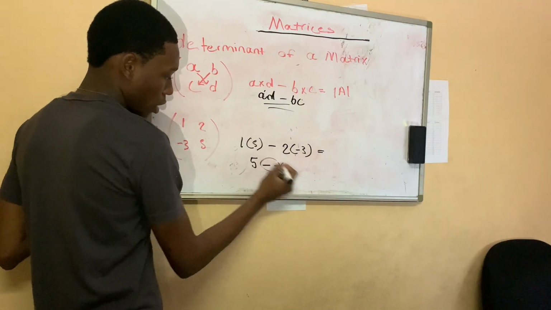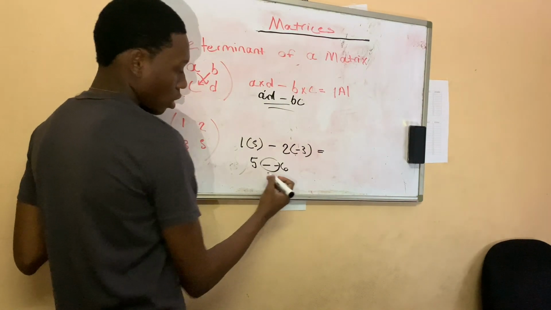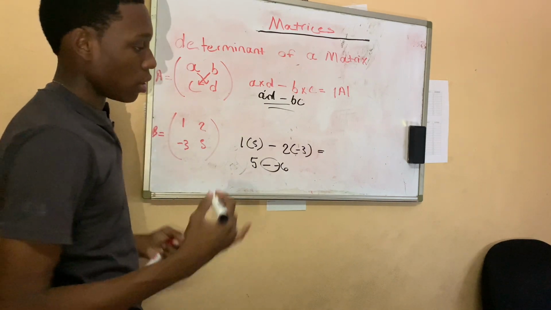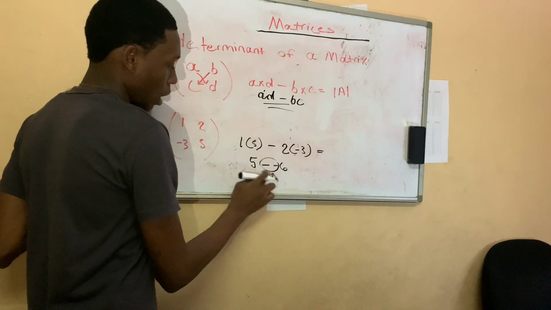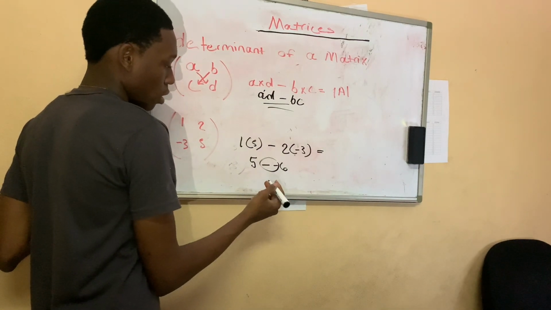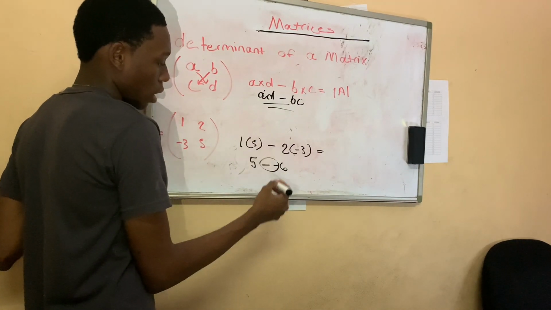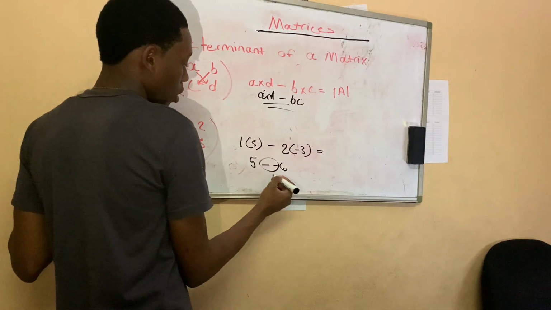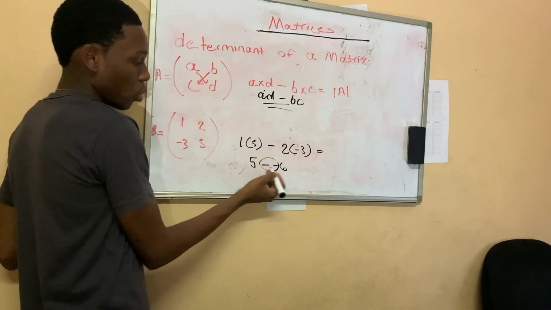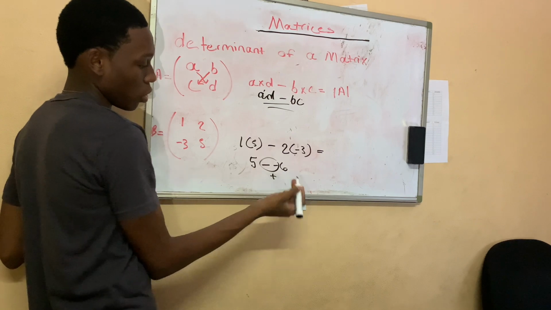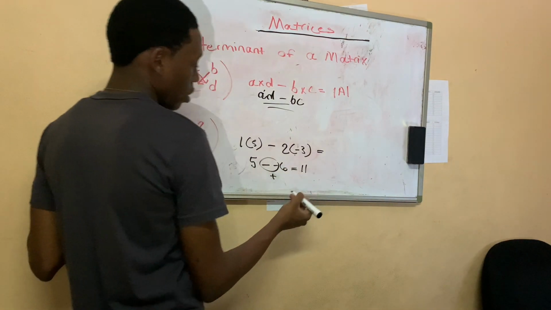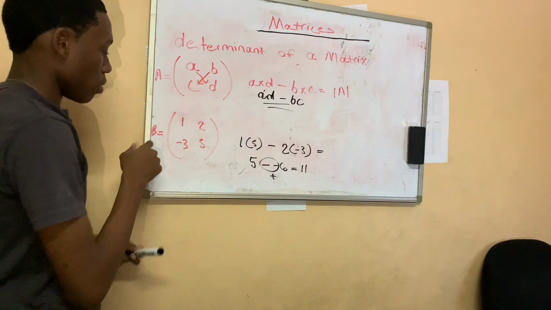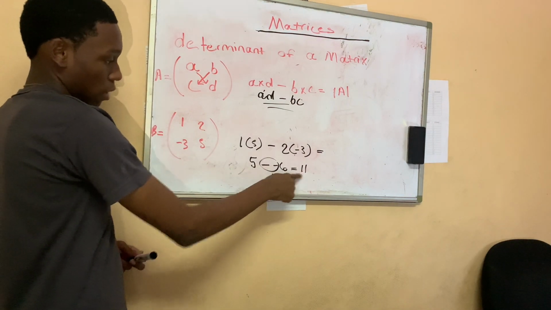We have 2 signs here. So you know that a negative and a negative gives you a positive, and a negative and a positive always gives you a negative sign back. So in this case we have 2 negatives, so we change it to plus. And so 5 plus 6 is equal to 11. So the determinant of this matrix B is 11.